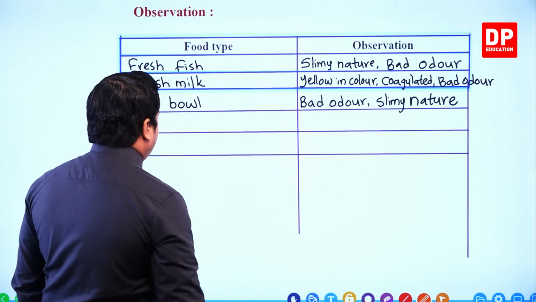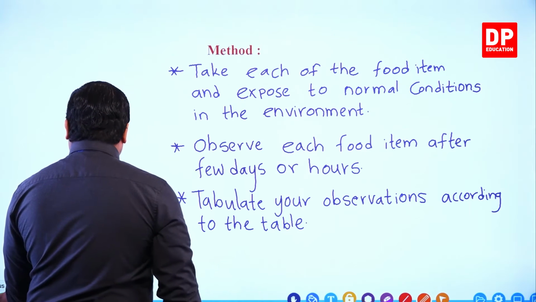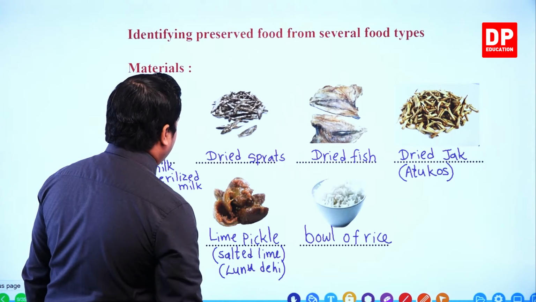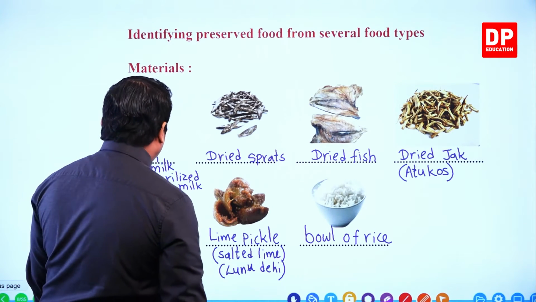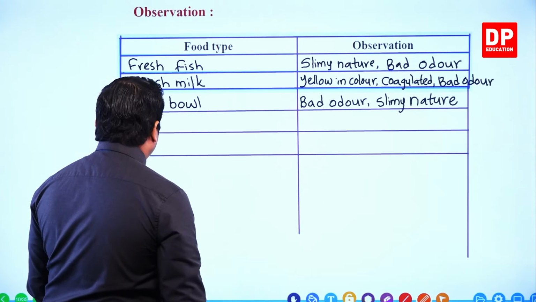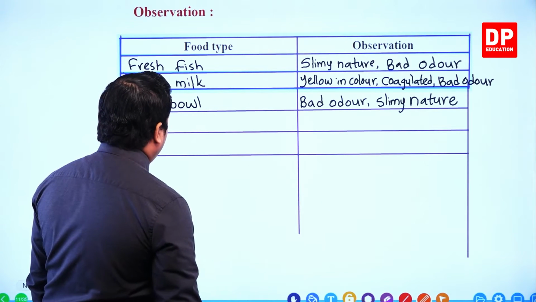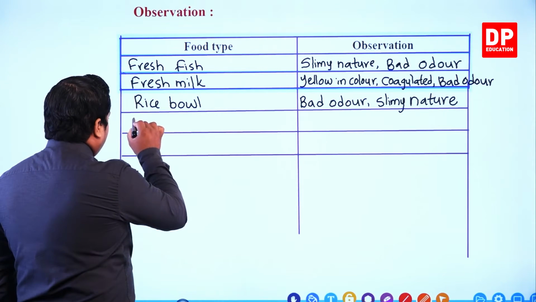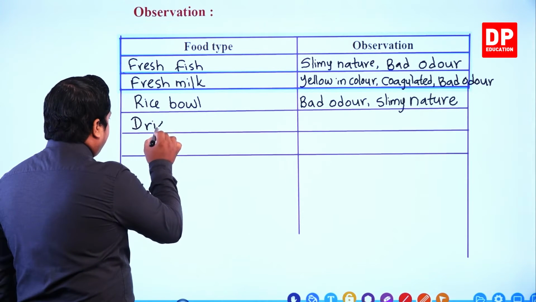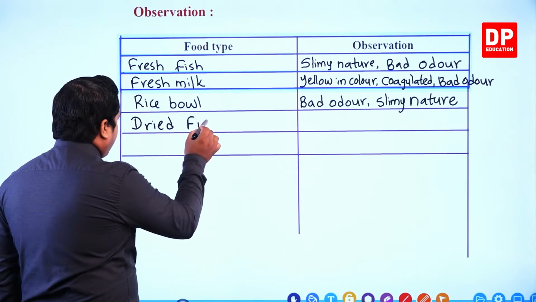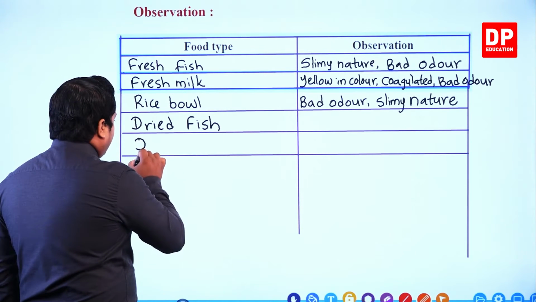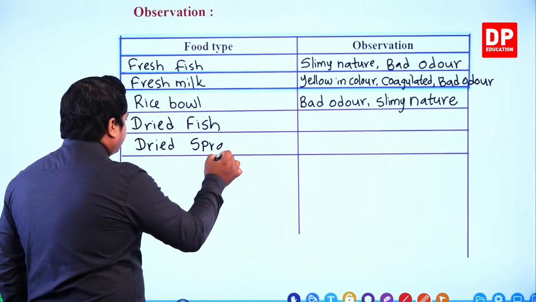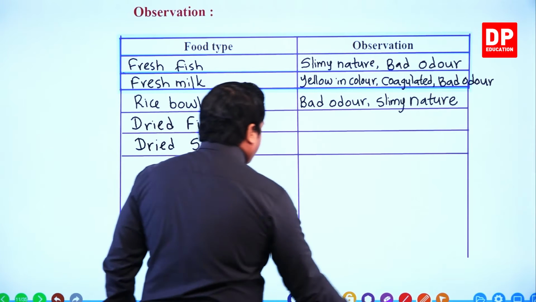Right? So let's see what the other things given are. So here, yes. Then we are coming to other things. What are the other things? Dried fish. Dried spreads. Dried fish.